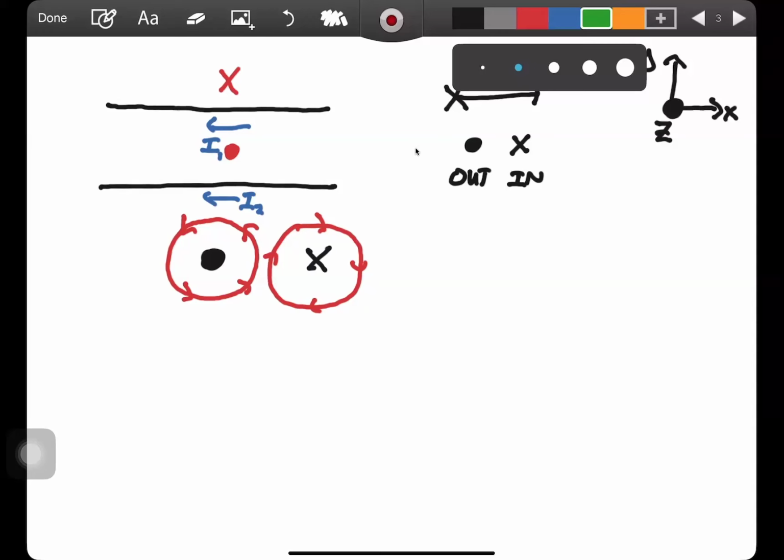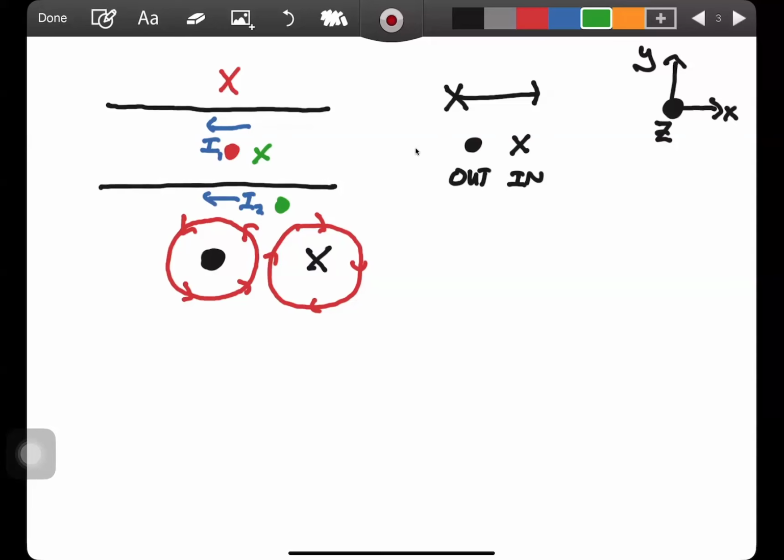As my thumb moves to the left and I curl my hand around the wire, again, this is my right hand I'm doing this with, then the magnetic field due to the current in the second wire would be going into the page on top, and it would be coming out of the page or out of the screen on bottom. So you can see in between the two wires, you have opposite magnetic field directions.